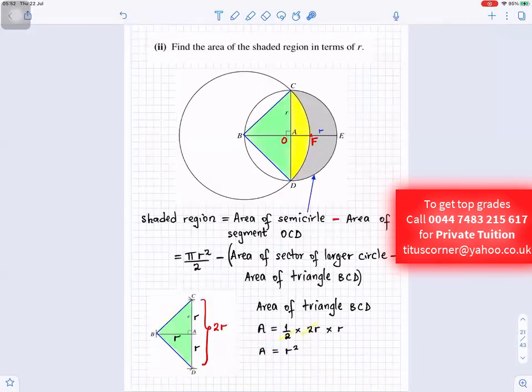Part 2. Find the area of the shaded region in terms of R. The shaded region is the area of the semicircle minus the area of segment OCD.